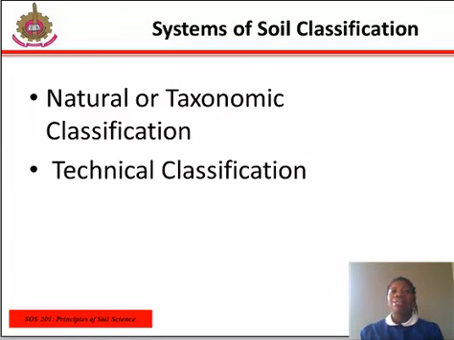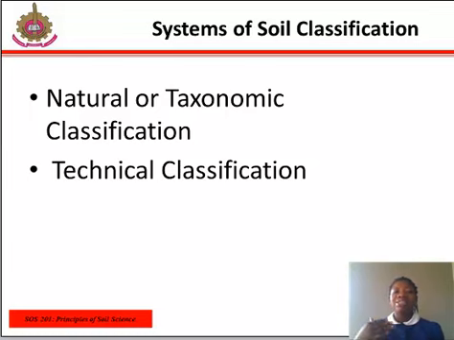A natural or taxonomic classification is one in which the purpose is to bring out the relationship of the most important properties of the population being classified without reference to any single specified applied objective. The most common examples of a natural soil classification system are the USDA soil taxonomy system and the FAO-UNESCO soil map of the world legend.